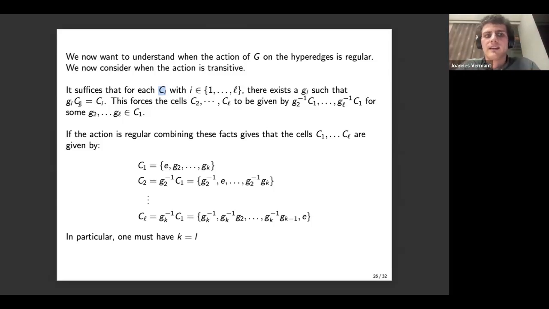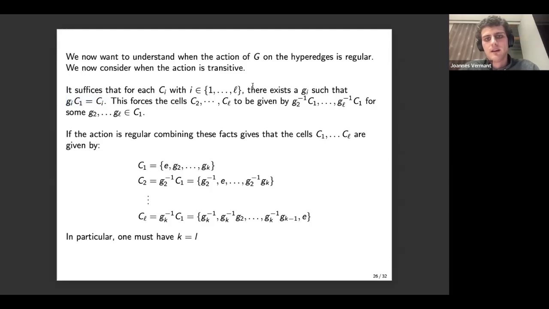And this is the case because all other hyperedges are given by G times Ci for some cell Ci and some group element G. So if we can force this to be the case, that there exists some Gi such that Gi times C1 is equal to Ci, then this means that the action of the group is transitive.